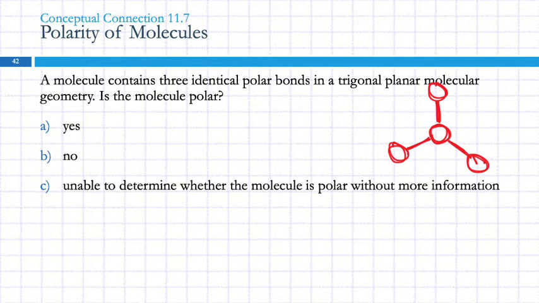So let's use my shortcut rule. Are there any lone pairs on the central atom? No. Are the atoms bonded to the central atom the same or have the same electronegativity? If the bonds are identical, then they must be the same. So, is it polar? It is not. It is nonpolar because both the conditions are met. No lone pairs, everything's the same. Any questions?